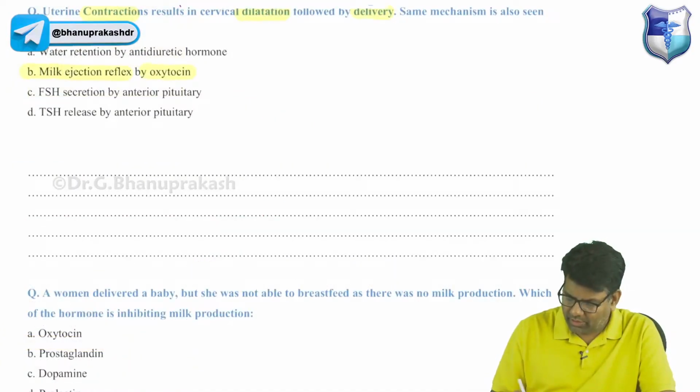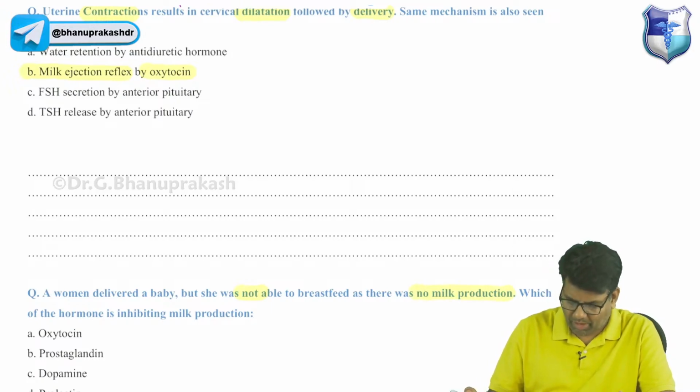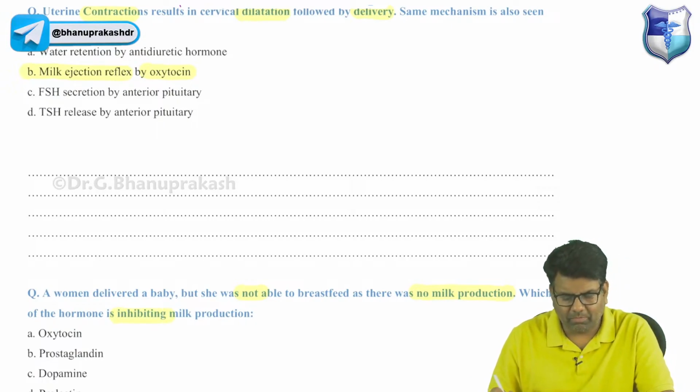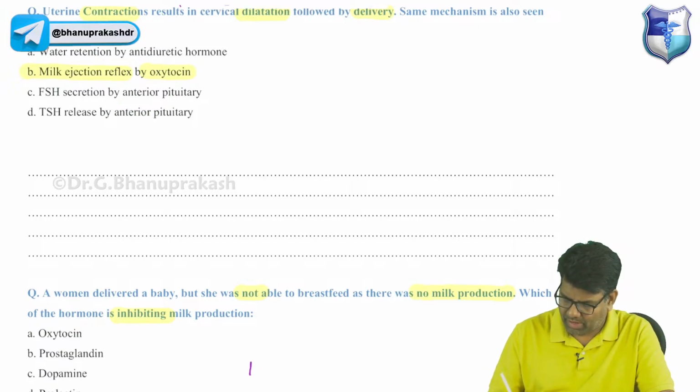Now, a lady delivered a baby, but she is not able to breastfeed because there was no milk production. Now, which of the hormones is inhibiting milk production? This we have already discussed, because whenever we say milk production, we are talking about prolactin, right?